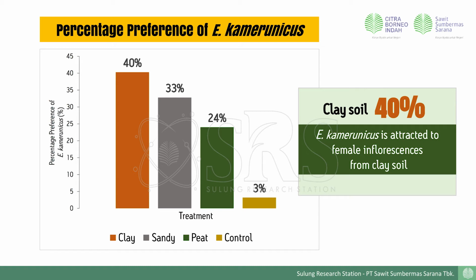The interest of Elaeidobius to visit receptive female inflorescences from clay soil, 40%, was higher and significantly different from peat soil, 24%. Receptive female inflorescence from sandy soil, 33%, was not significantly different from receptive female inflorescence from clay and peat soil.